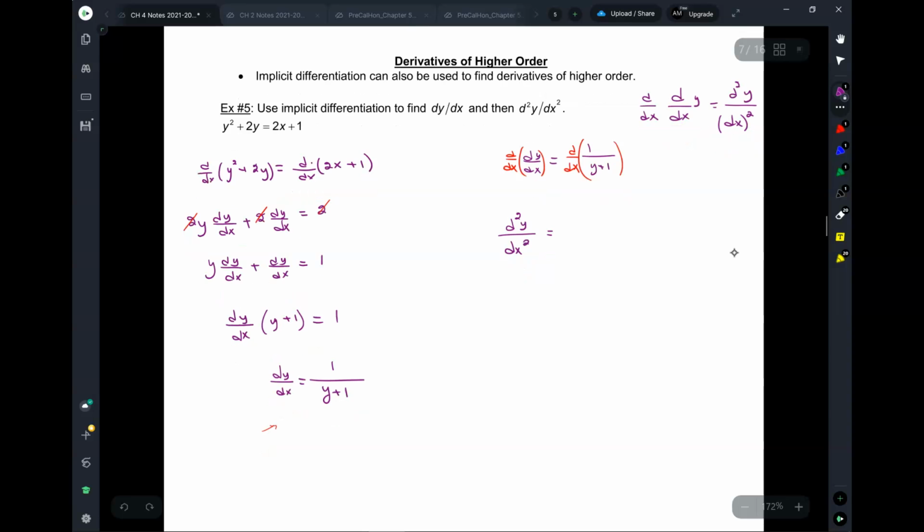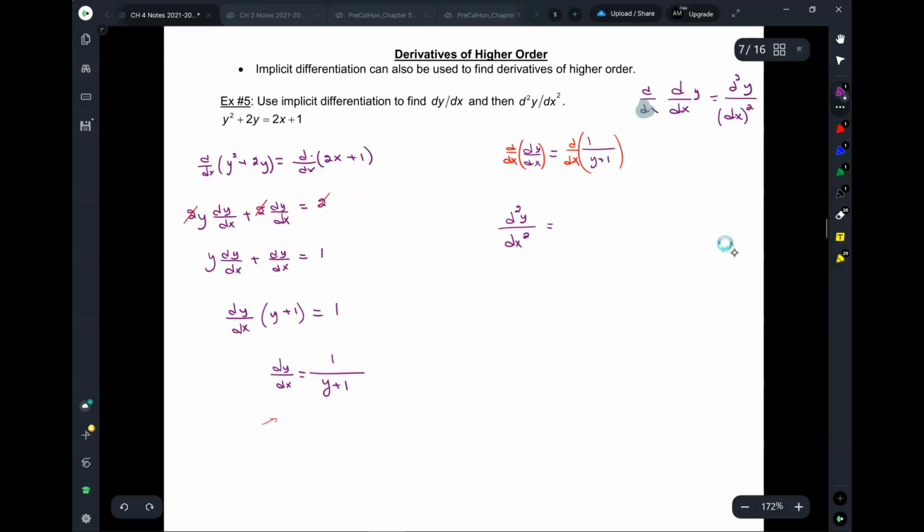Okay? So we can do chain rule here. I'm yelling because I'm so excited. All right, I'm going to take it down a few notches. We can do chain rule here. But what else can we do? Can we also write this as (y plus 1) to the negative 1? Yes, we can, and we shall.